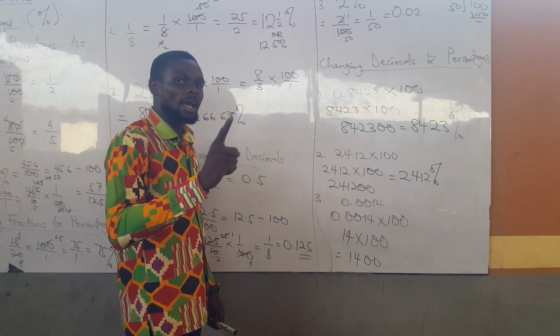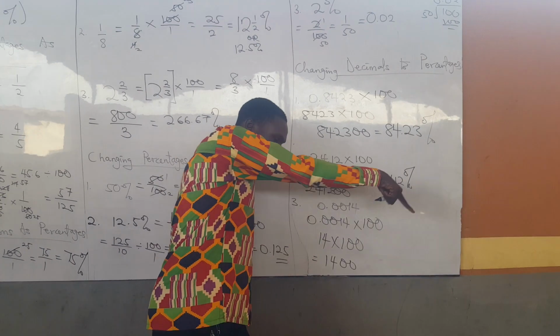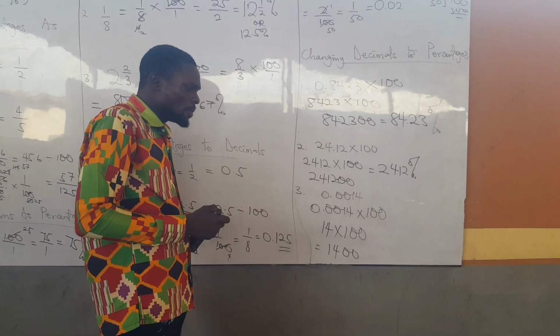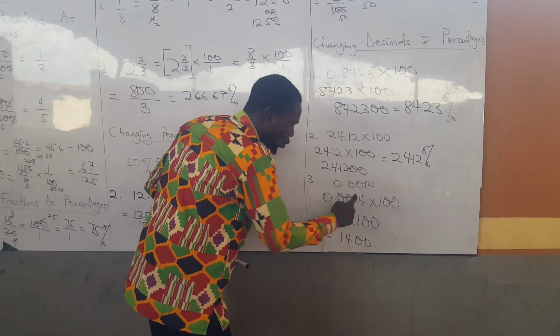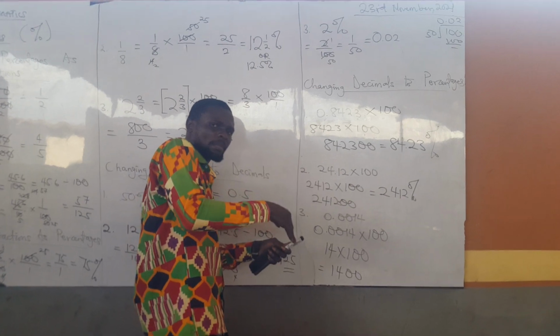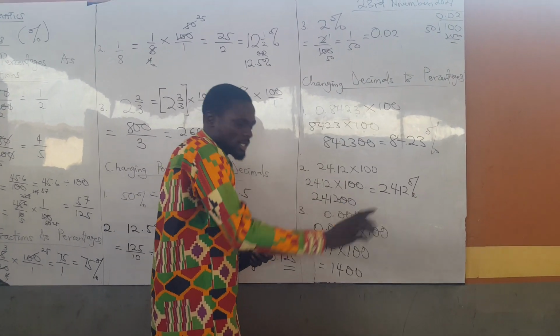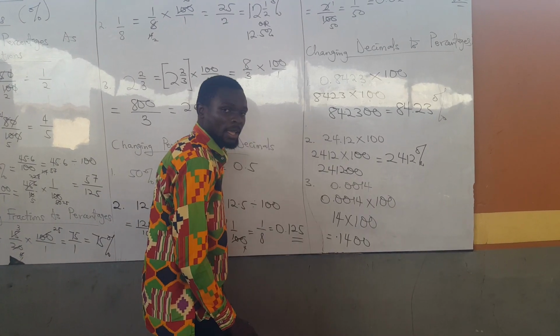But remember, you were dealing with a decimal point, which was 0 point, and you took off the point. How many numbers were after the decimal point? 1, 2, 3, 4. So this is your final answer. You have to make sure that 4 numbers should come after the decimal point. So we have 1, 2, 3, 4. Our point will be here.